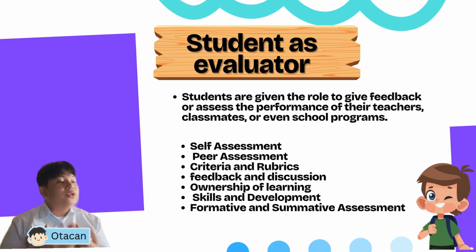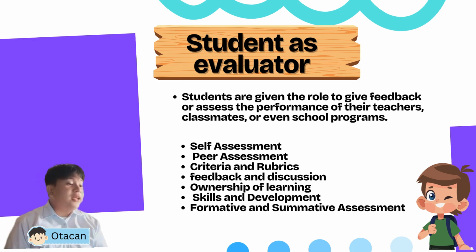This is an ongoing evaluation to guide improvement such as drafts, rehearsals, feedback sessions. So that is the formative. While the summative, it is the final evaluation after a task is completed. For example, a final examination or final performance or project. So the example of this is the peer feedback during rehearsal, it is formative, and final scoring using a rubric is summative.